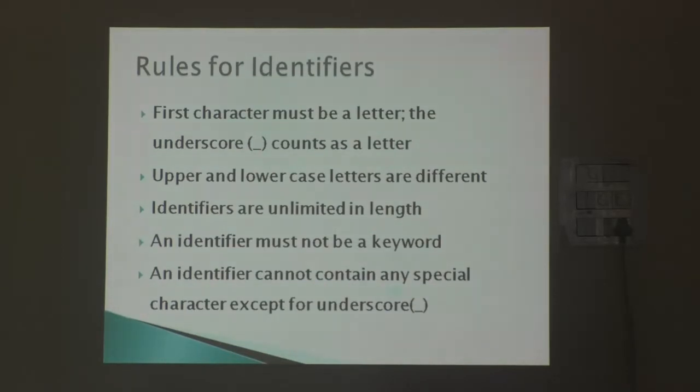So we should not use that type of special character in an identifier. We should not use any special character in an identifier except underscore. I hope you understood the rules of identifiers, and how to declare a variable in our Python program.